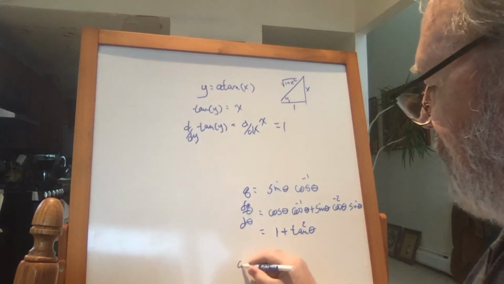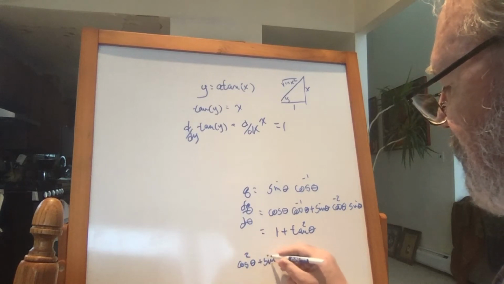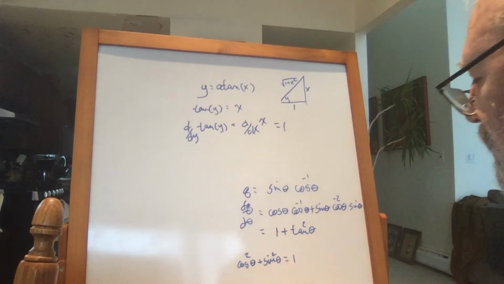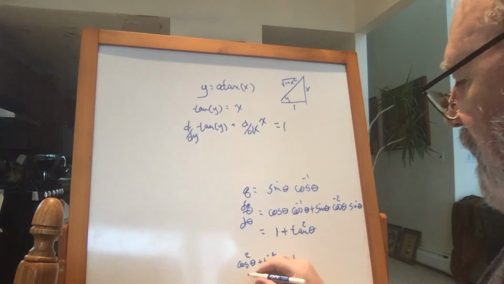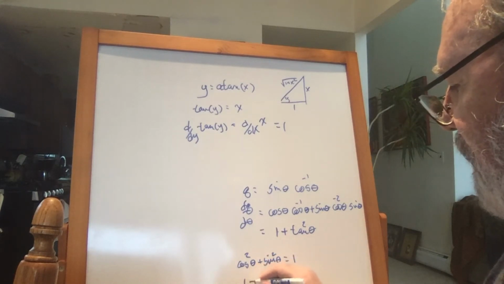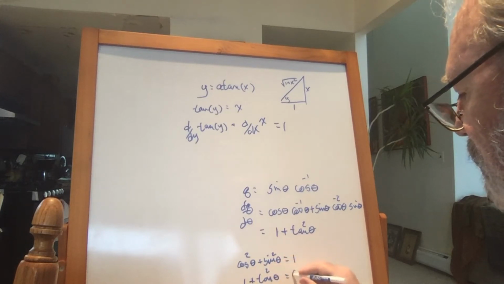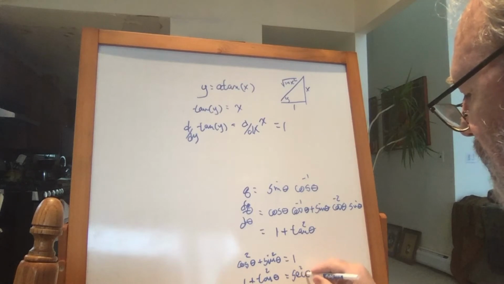Well, cosine squared theta plus sine squared theta equals 1, and we have 1 plus tangent squared theta equals secant squared theta.